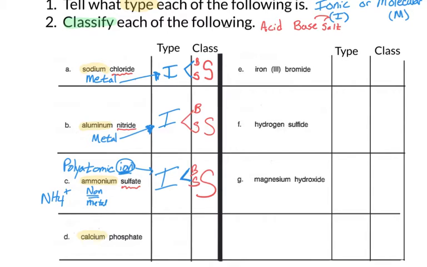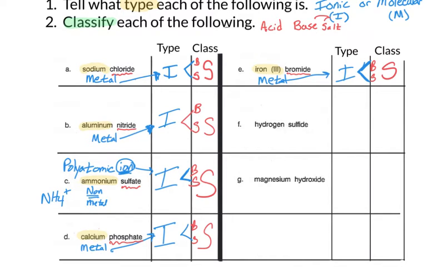Calcium is a metal, and so that makes this an ionic compound, and it does not end with hydroxide, so it is a salt. Next, we have iron 3 bromide. Iron is a metal, so we know it's an ionic substance. The classification is salt because it is not a hydroxide.